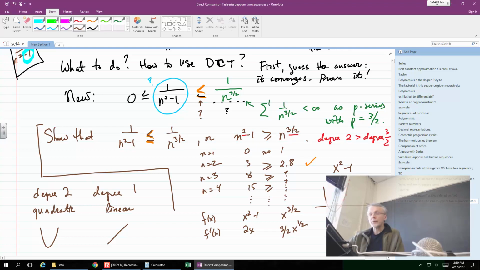But if that's not enough, and that sometimes happens, if you want to take it all the way through, then you take the second derivative, right? So take the second derivative, and this will be 2, and here it will be 3/4 x^(-1/2).